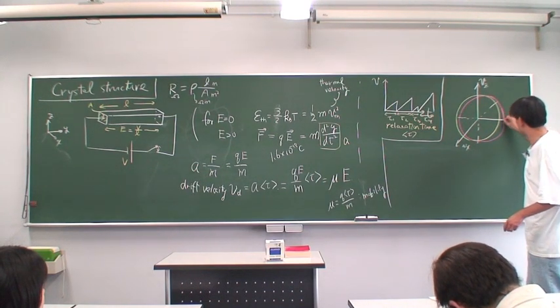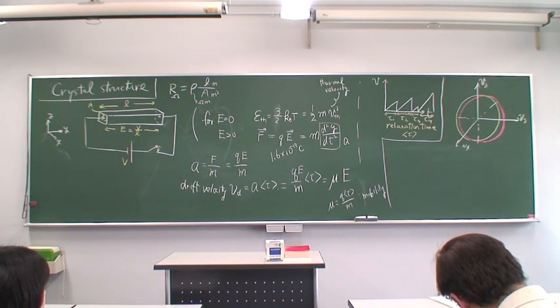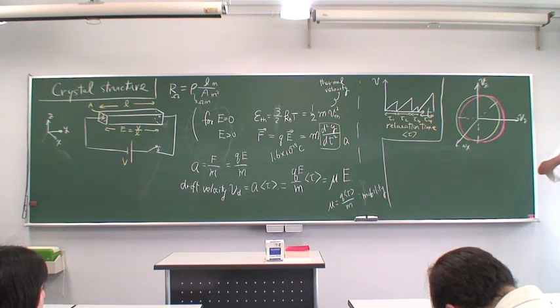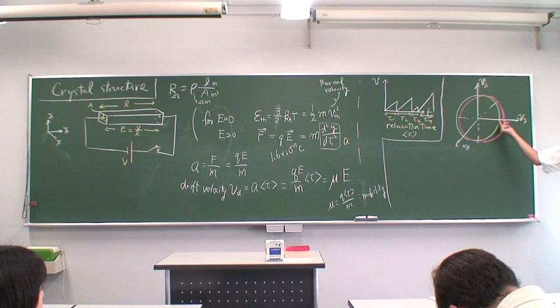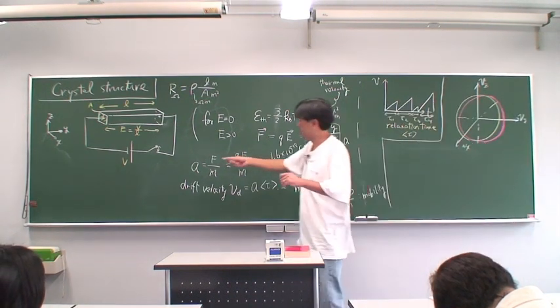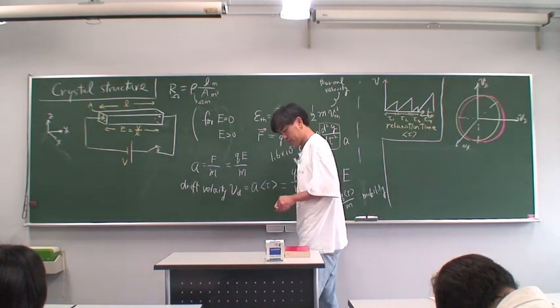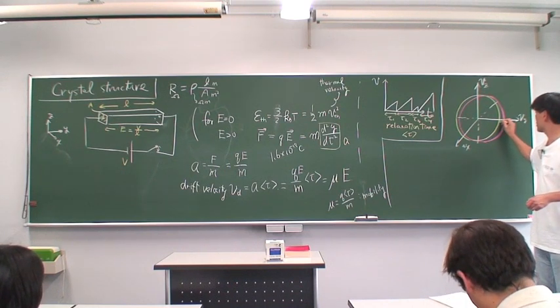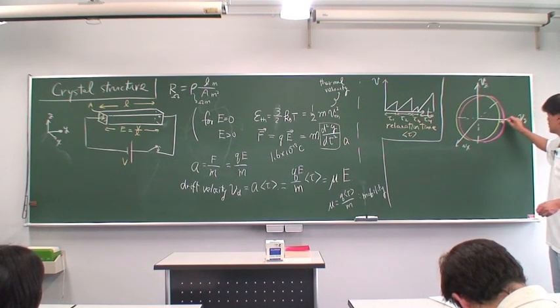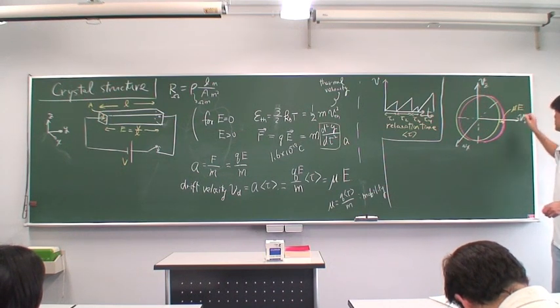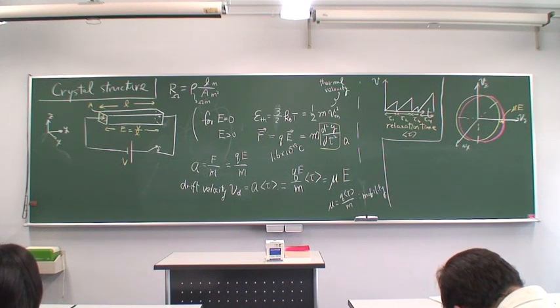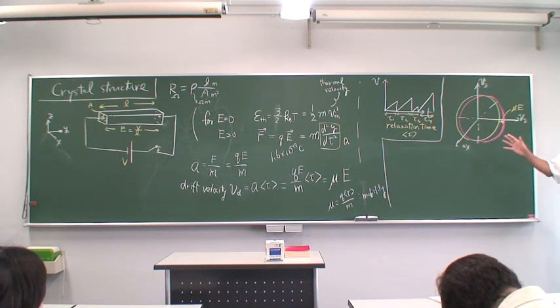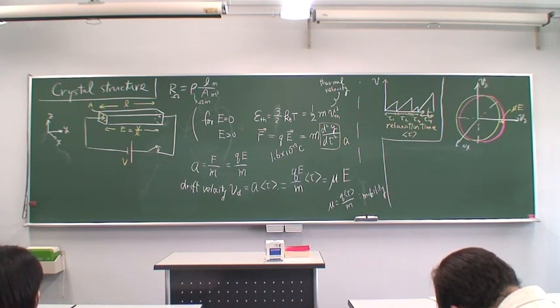This is not really a sphere here. So electrons are moving very randomly, but a small application of 2 volts or 3 volts introduces a velocity shift corresponding to mu E. So far I have introduced no crystalline structures, but all of these are related to crystalline structures, as you will see soon.